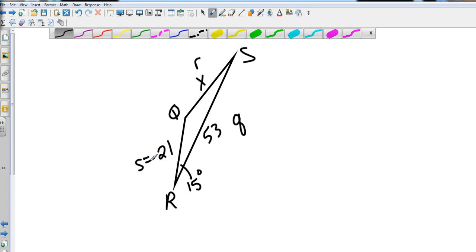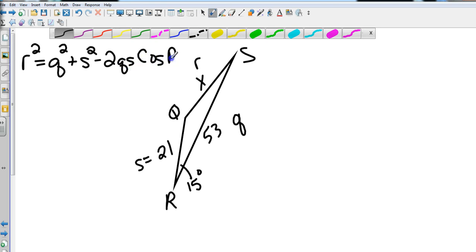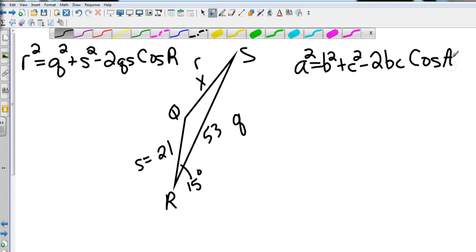So it's going to look something like this. So it's going to be R squared equals Q squared plus S squared minus 2QS times the cosine of R. What it actually looks like normally when they're using A's, B's, and C's would be A squared equals B squared plus C squared minus 2BC cosine of A. That's what it would look like normally.